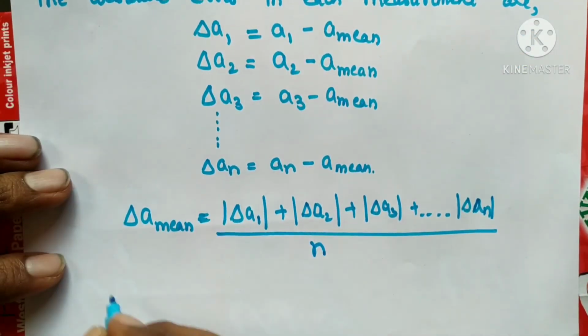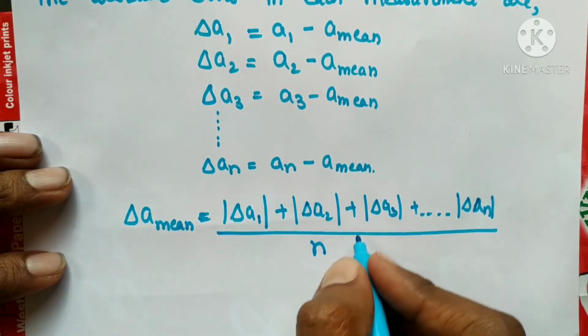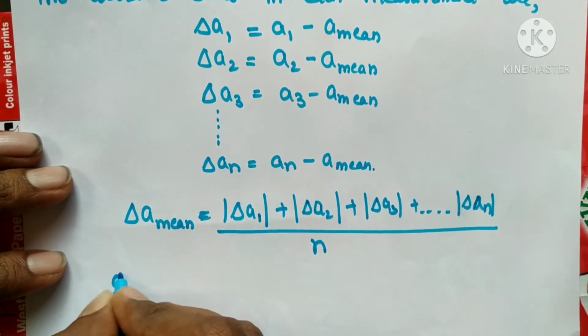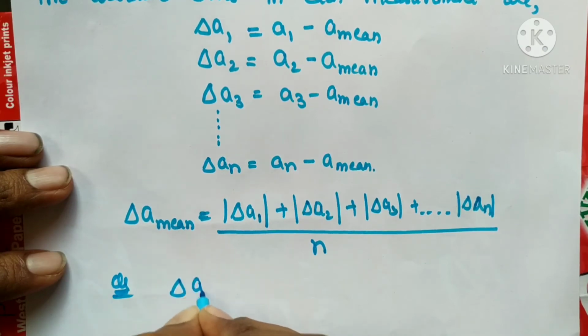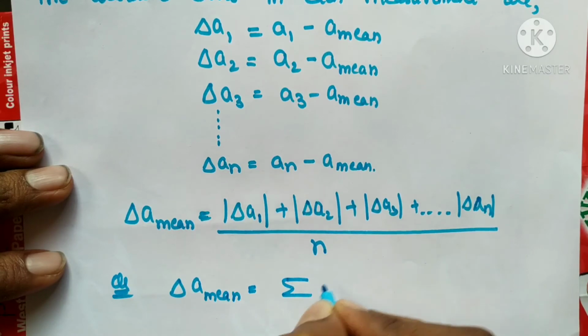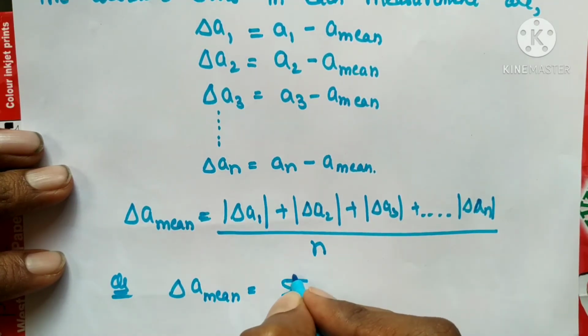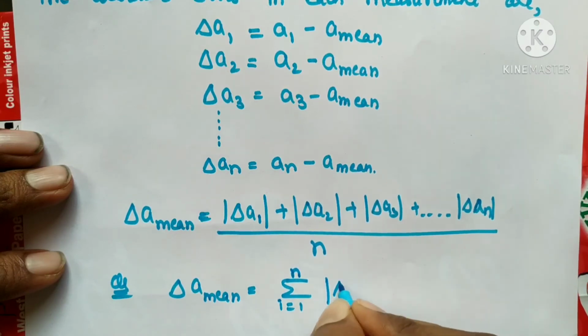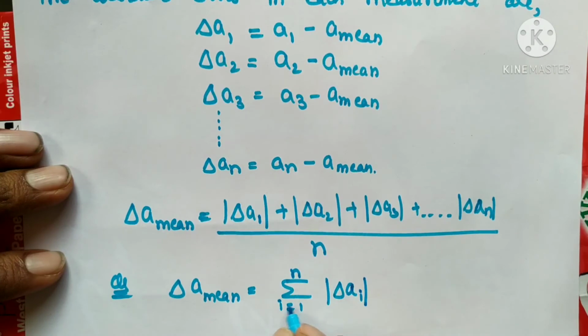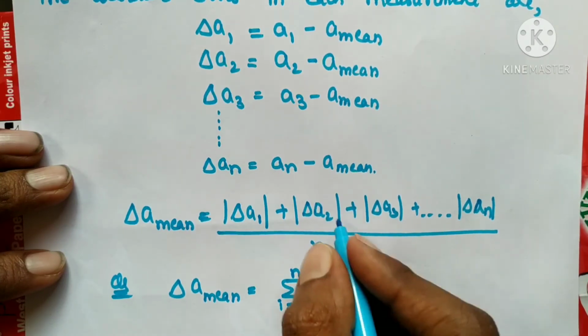Okay, now how can we write this in general, in terms of summation? In terms of summation I can write delta A mean equals summation of mod delta Ai, with i equals 1 up to n. If you take i equals 1 here, delta A1 comes. If you take i equals 2, delta A2 comes.